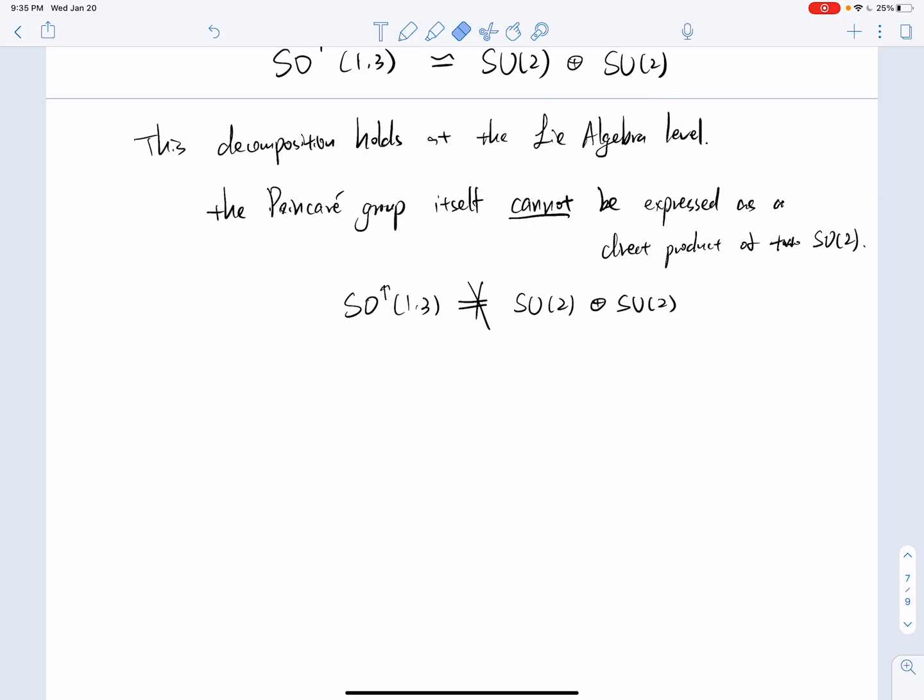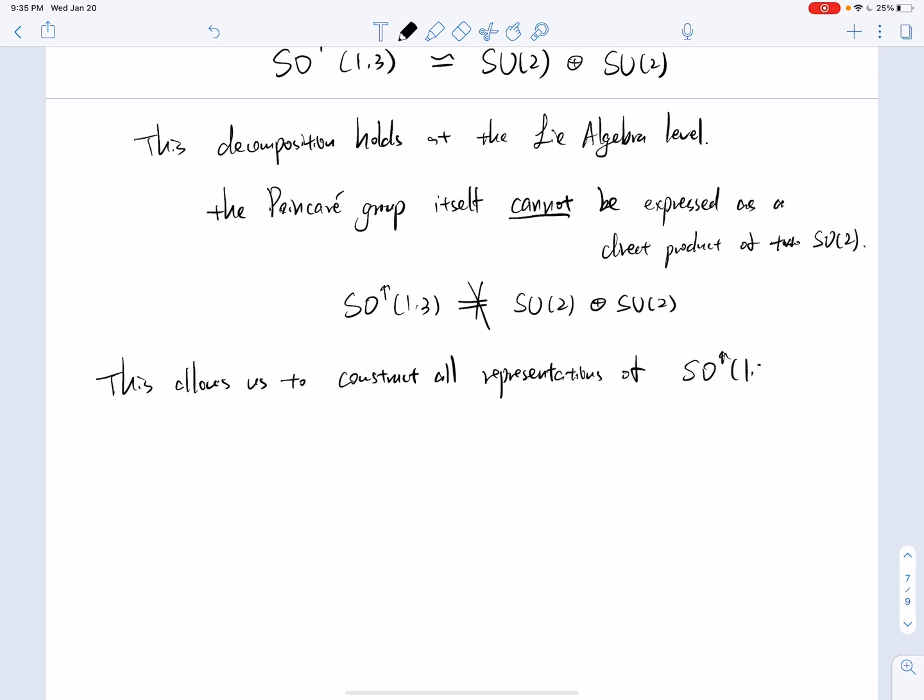So this allows us to construct all representations of our Poincare group from SU(2) representations.